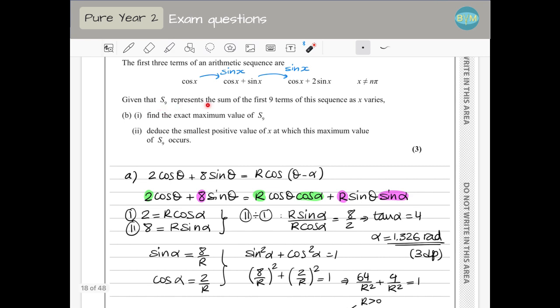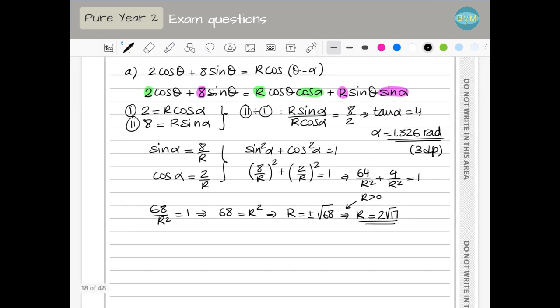Given that S9 represents the sum of the first 9 terms of this sequence as x changes, find the exact maximum value of S9. Remember, we have a formula in your formula booklet for the sum of n terms, which is this one: n over 2, times 2 times the first term plus n minus 1 times the common difference.